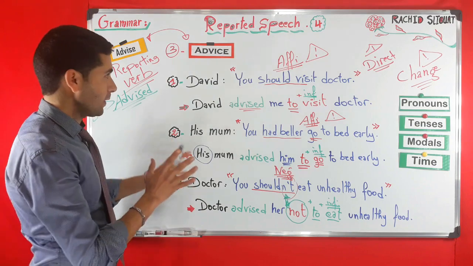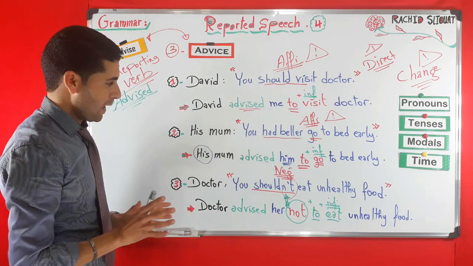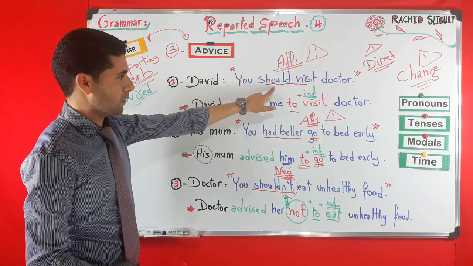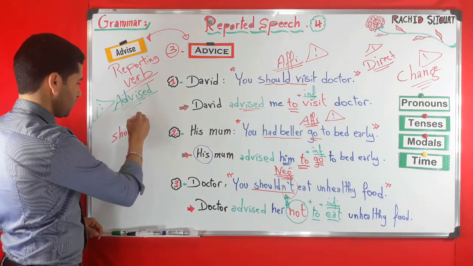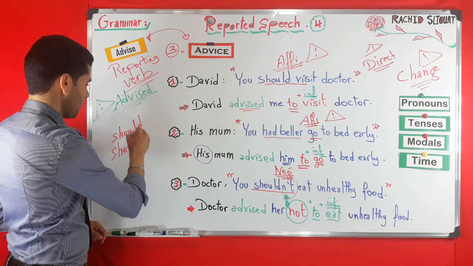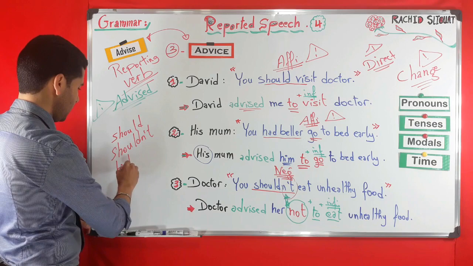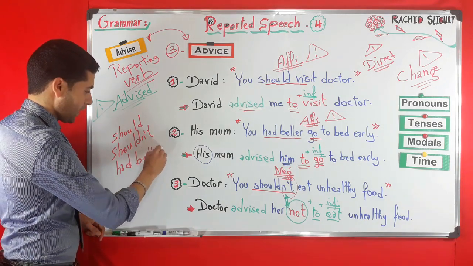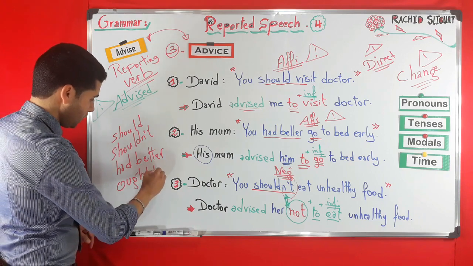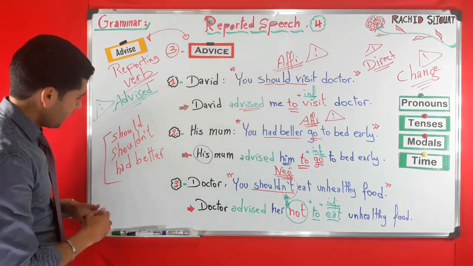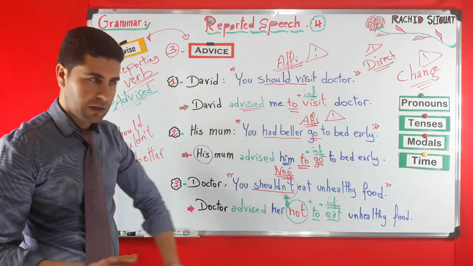So this is actually all about today's episode: how to report a piece of advice. And here, as you can see, we have expressions of advice, like for example should or shouldn't. We have also had better, and ought to, etc. So this is, very simply, how we can report a certain advice.